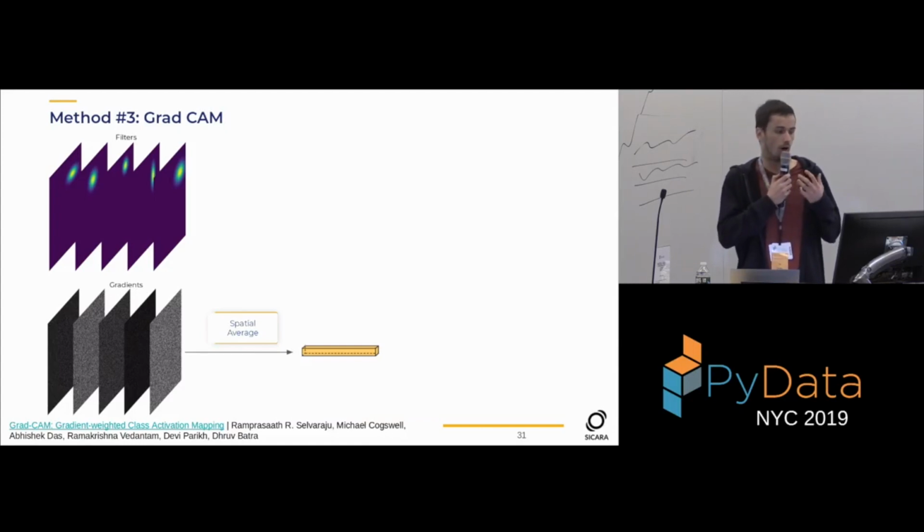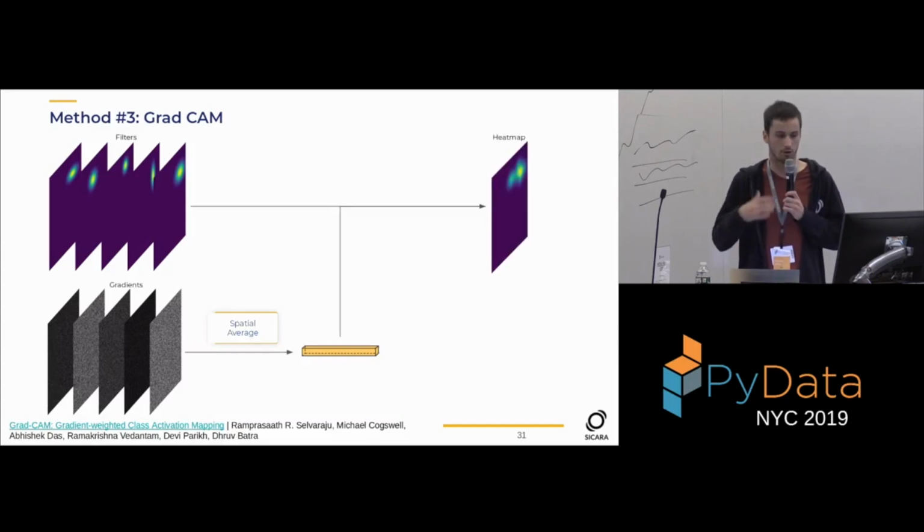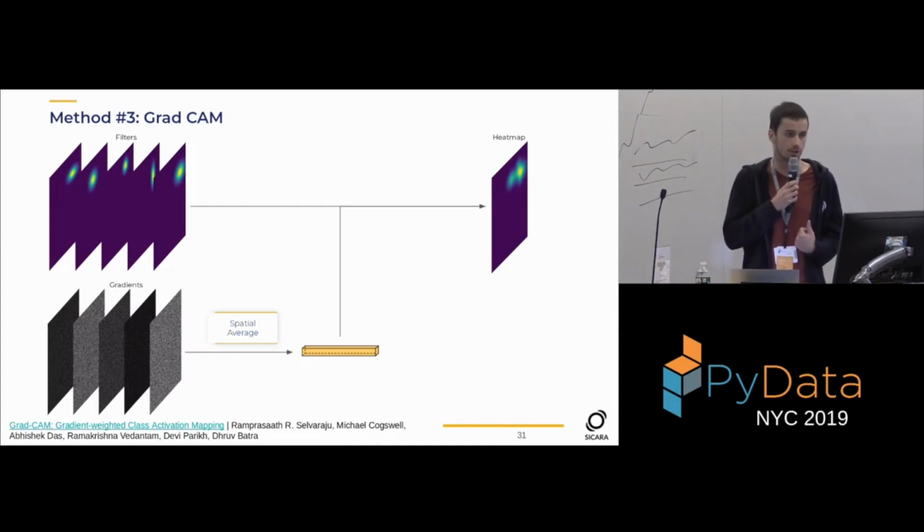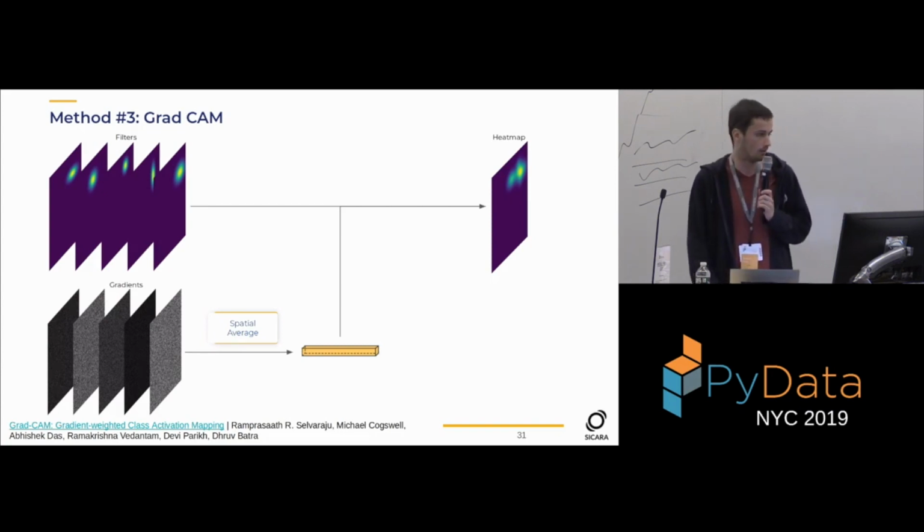So averaging the gradients helps us build the final color map by weighting the filters. So you take filter 1, you take the gradients for filter 1 towards the final decision. Is the gradient of high value or low value? And depending on that, you'll have those filters with a corresponding weight.